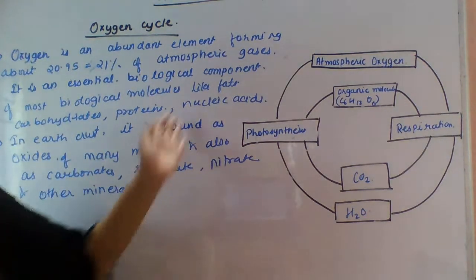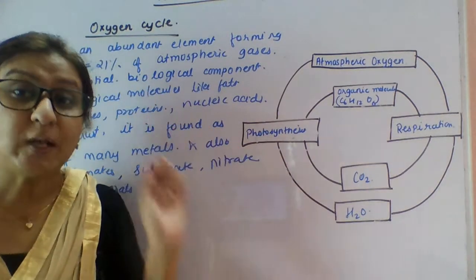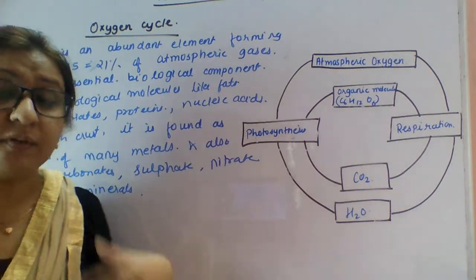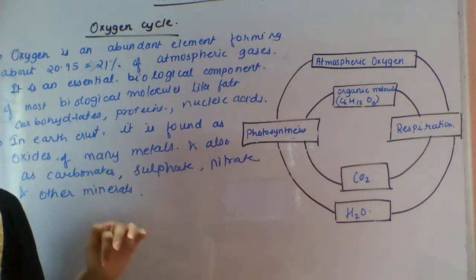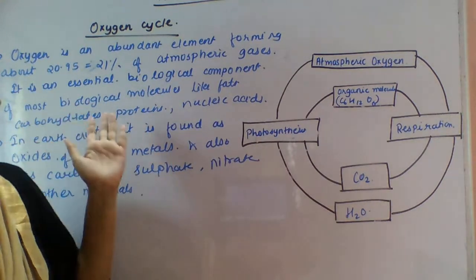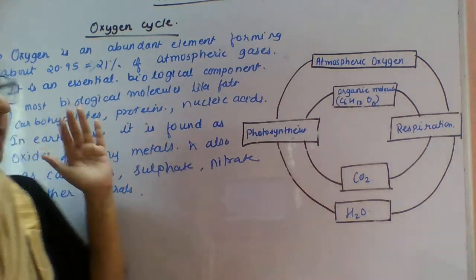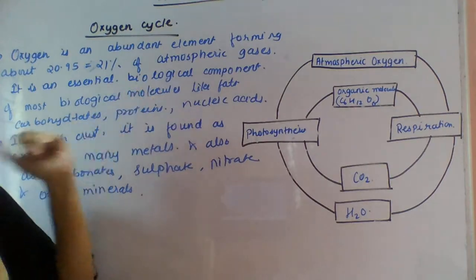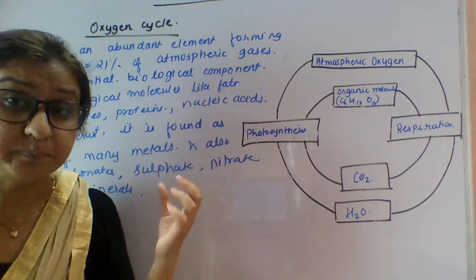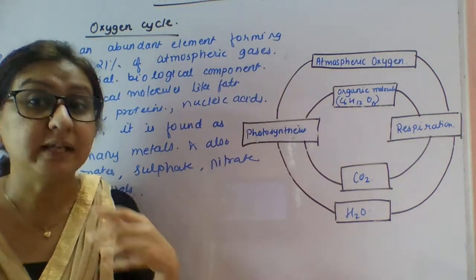Okay, students. So it is around 21% present in the Earth's atmosphere among all gases, and essential for the biological components of most biological molecules like fats, amino acids, nucleic acids, and proteins.